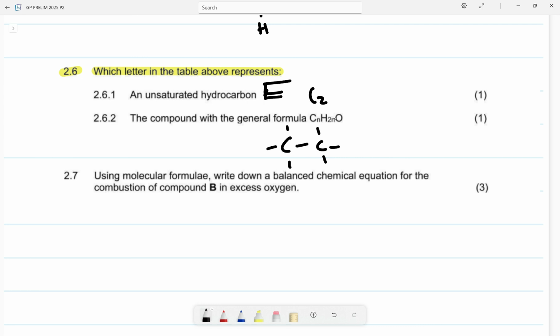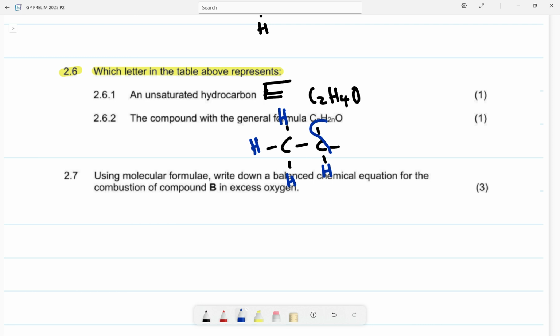If I have two carbons, I need to double those hydrogens to be 4 and then one O. So let me say I have H here, H here, H here, and then H here. I already have 4 carbons. Can you see? 1, 2, 3. I can complete the other one here and say 4.